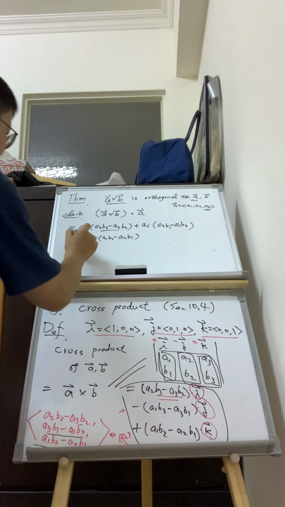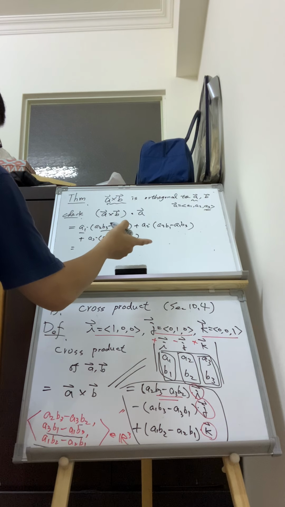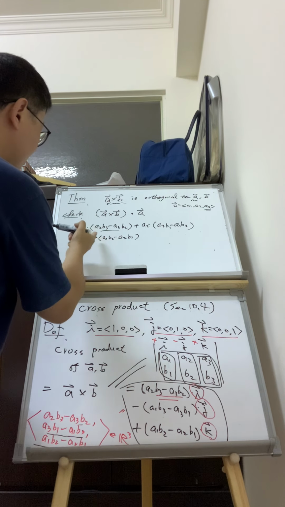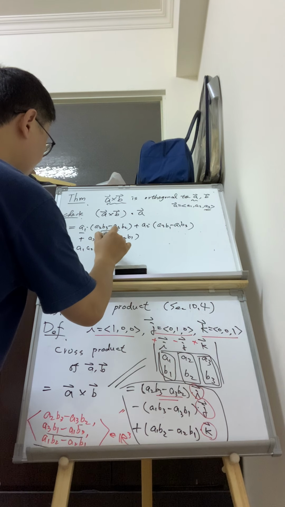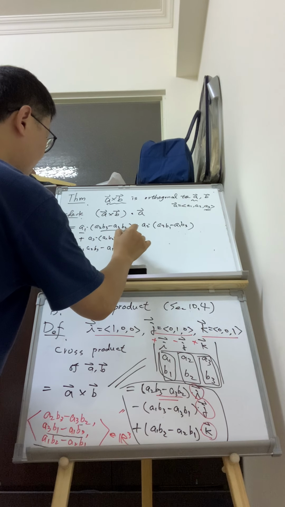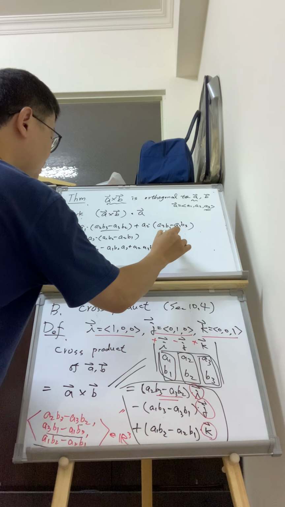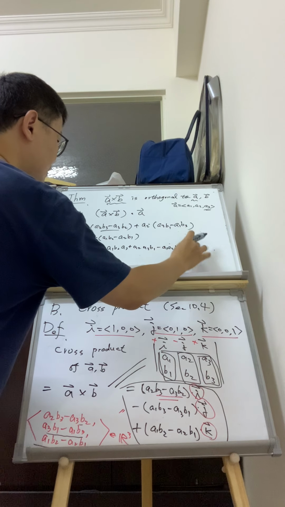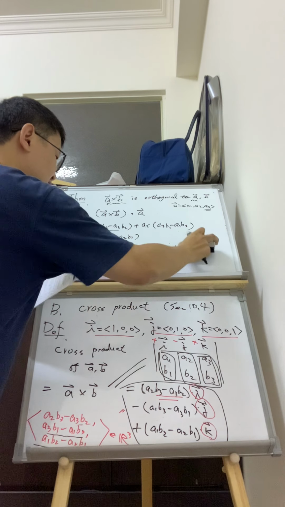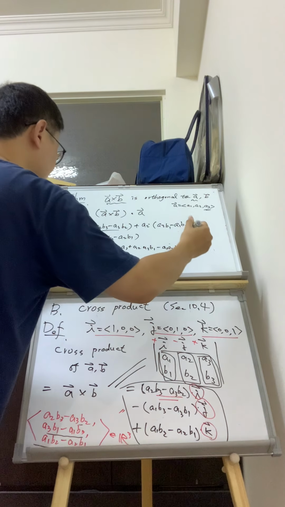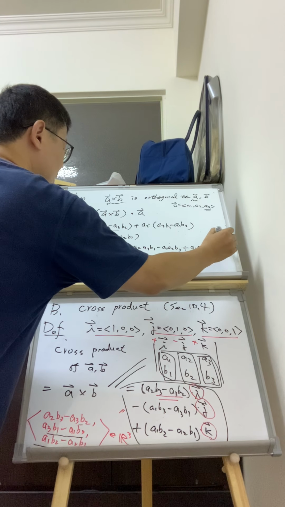So if you calculate, you will see it's equal to A1A2B3 subtract A1B2A3 plus A2A3B1 subtract A1A2B3 plus A1A3B2 subtract A2A3B1.